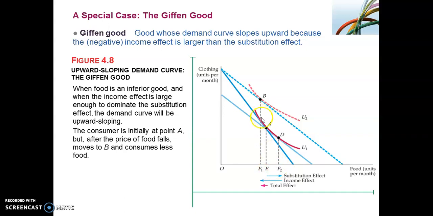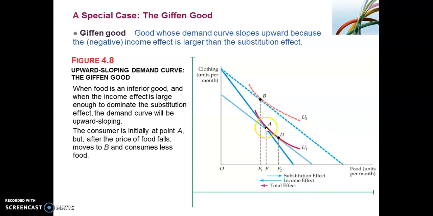Note that this is still on the same indifference curve U1, so utility or the level of satisfaction remains unchanged. However, D touches this imaginary budget constraint, drawn with the same slope, or parallel to your new budget constraint after the price of food has fallen.